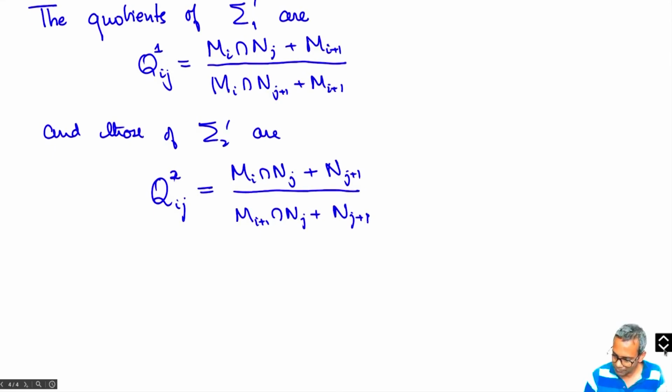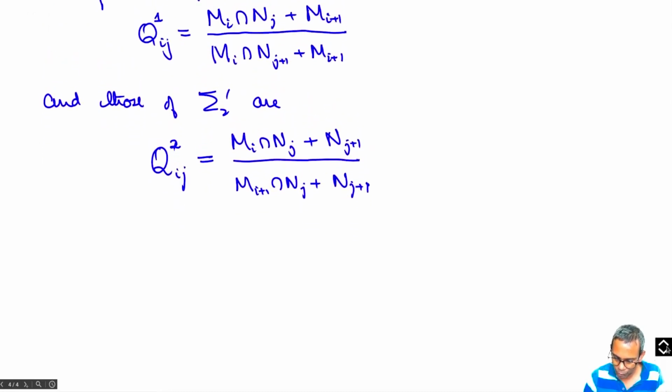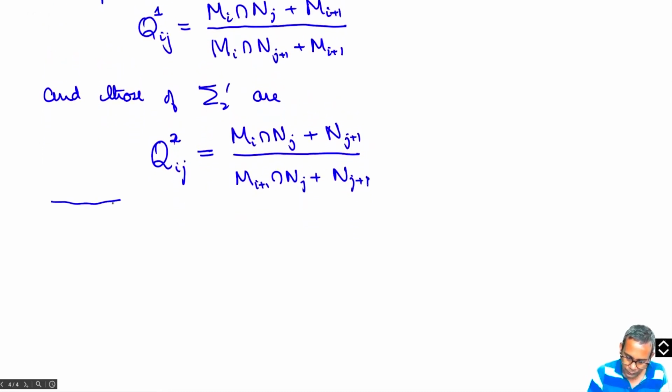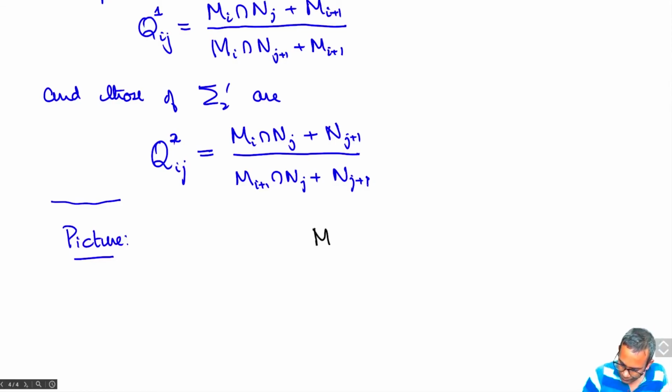The situation looks something like this. So there are four relevant R modules in this. Just a schematic picture, you have mi intersect nj.